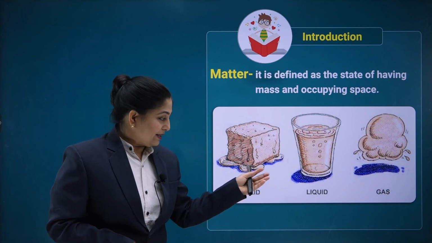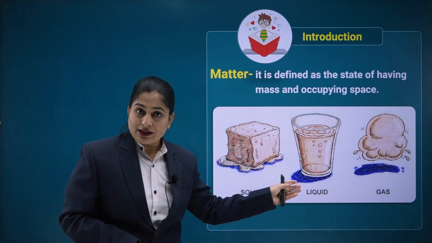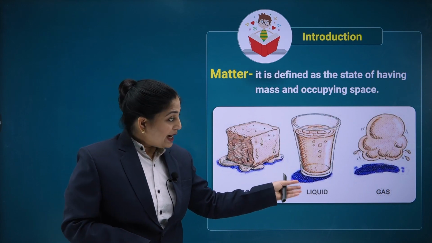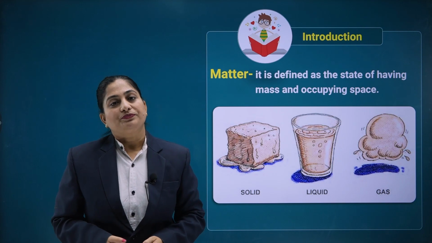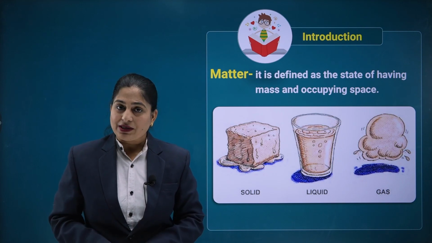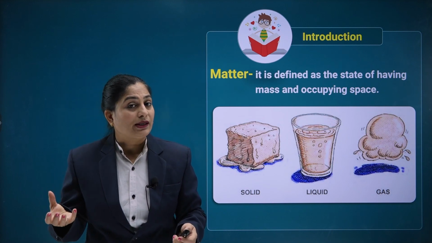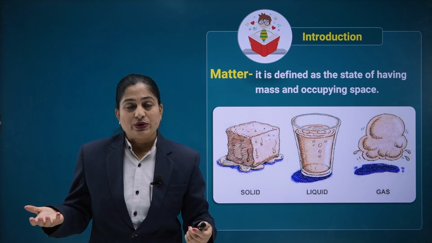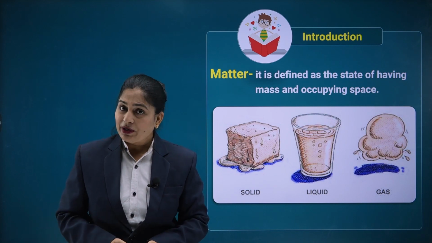Any solid, here ice has been given as an example, its liquid form, that is water, and its gaseous state, water vapor, are all examples of matter. Matter मतलब वो चीज़ है जो जगह घेरता है जिसमें कुछ मास होता है, उसे हम मैटर कहेंगे. ये definition हम previous chapter में भी पढ़ चुके हैं.